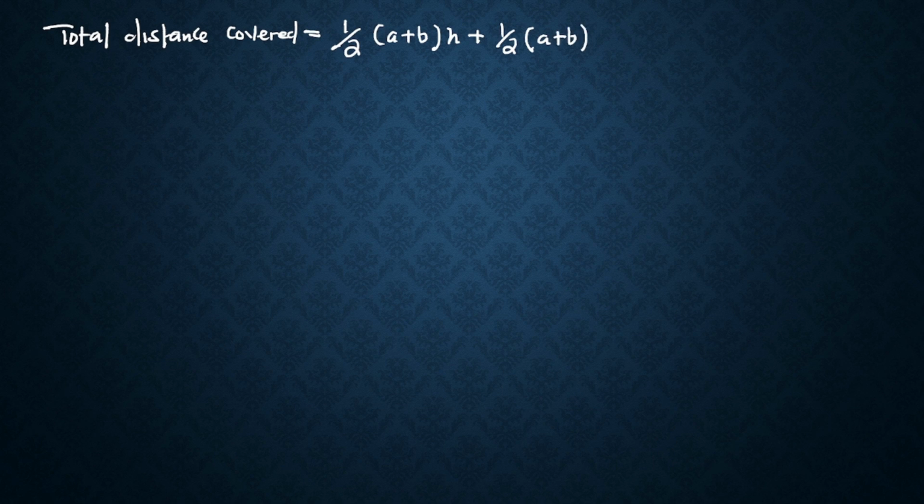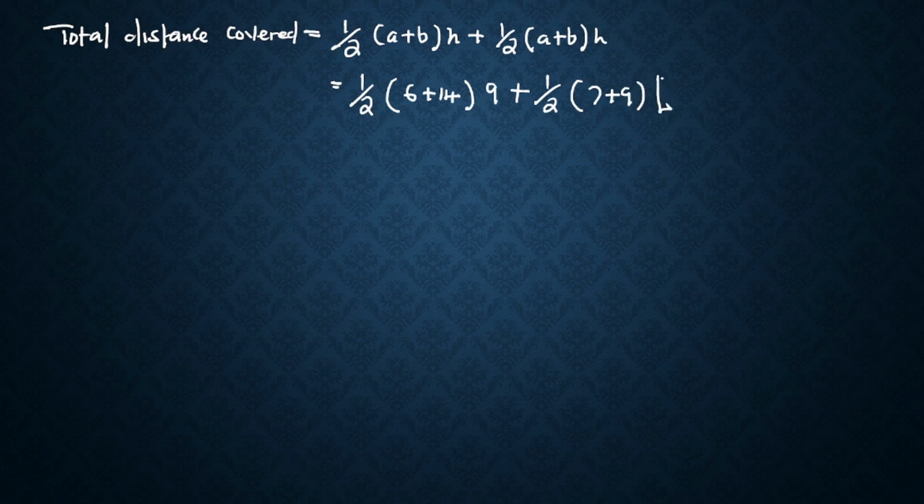which was in red. Okay, so there we shall say 1 over 2 multiplied by 6 plus 14, and our height was 9 there. The next one, 1 over 2, where we had the 7 plus 9, and our height there was t minus 14.